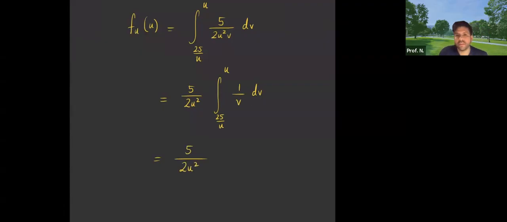Now, what's the antiderivative of 1 over v? ln, right? It's ln of v. And I'm evaluating that from 25 over u to u. So this becomes ln of u minus ln of 25 over u.